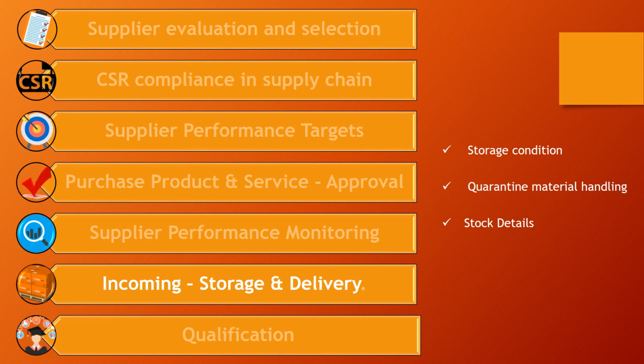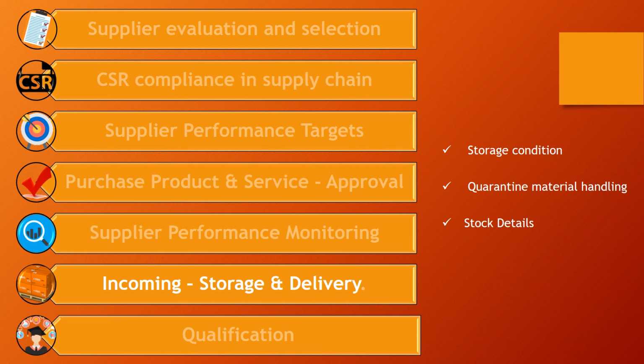Here you can verify the stocks which are mentioned on the board versus the actual physical quantity available. How is the shelf life monitoring done? Shelf life for chemicals, adhesives, or any other material which has a shelf life. So you need to check what the process is to monitor the shelf life of the material.